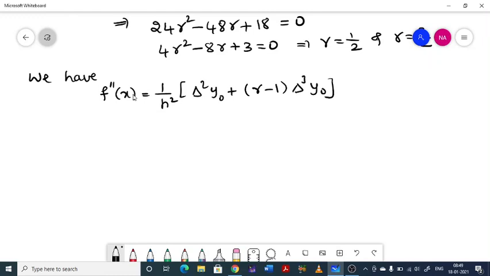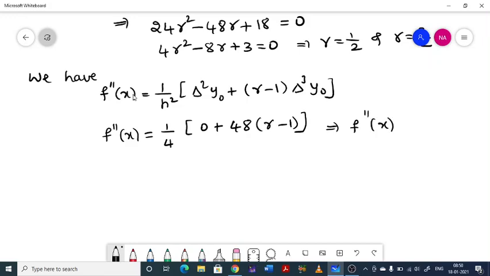So substituting the values, 1 by h square, that is 1 by 2 whole square, that is 1 by 4 into 0 plus 48 into r minus 1. So f double dash of x is 12 times of r minus 1.